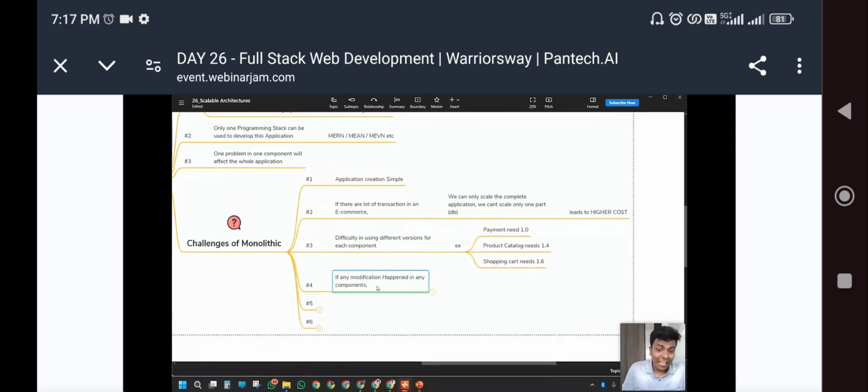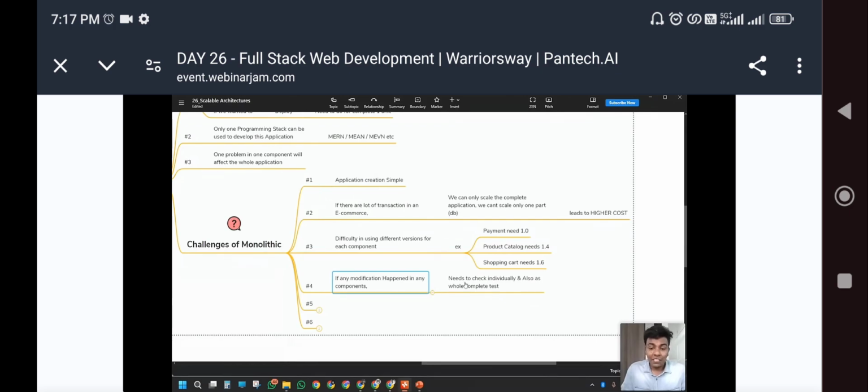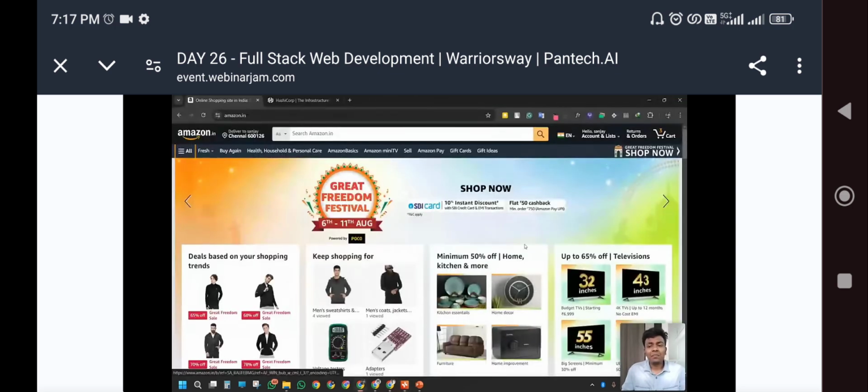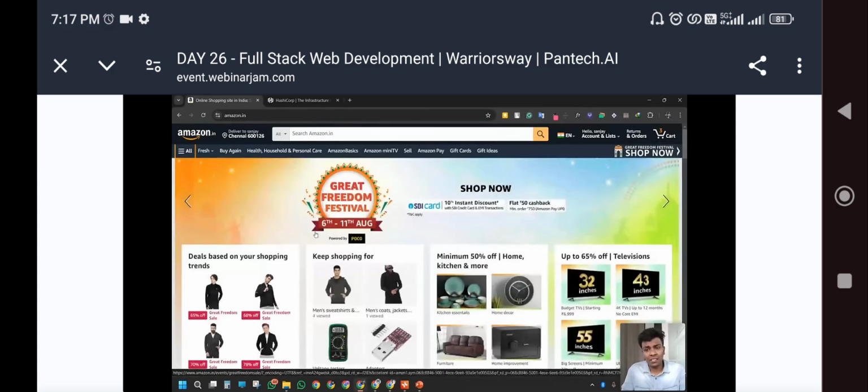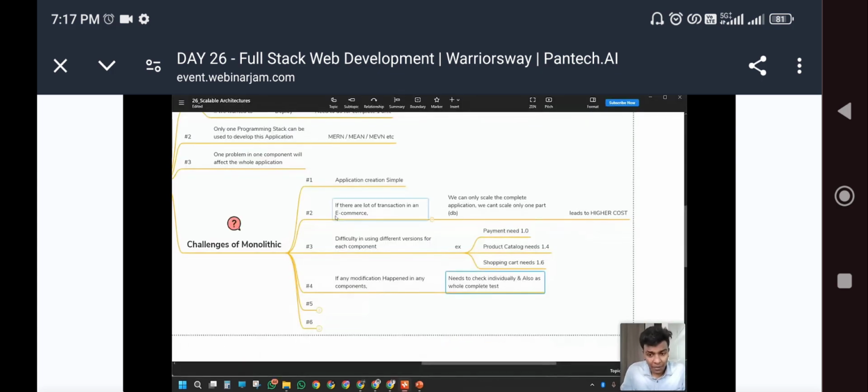And fourth is, if any modification has been made in any component, it needs to be checked individually and also a whole complete test. You just imagine in this Amazon website, it has accounts page, orders page, checkout component and services, and wish list. Likewise, there are a lot of components.